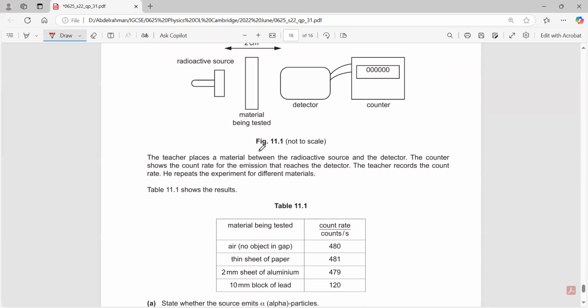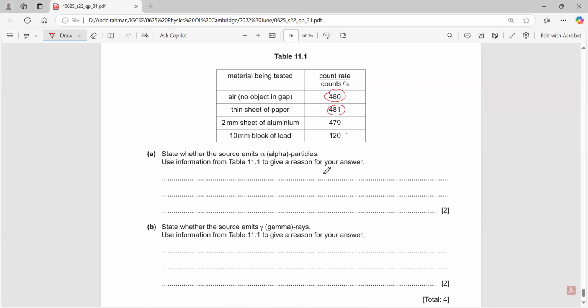If you had nothing between the source and the detector, the count rate was 480. If you had a thin sheet of paper, it was 481. Aluminum 479, and a 10 millimeter block of lead 120. Does it have any alpha or beta or gamma? We need to find out.